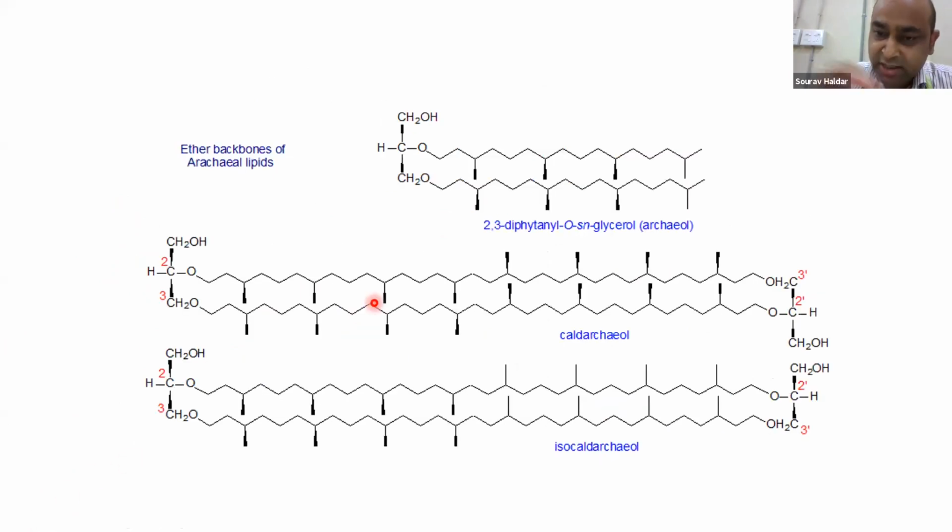And this is the structure of representative archaebacterial lipids. You might notice that the fatty acyl chains also look different. They are mostly saturated, and the lipids that we typically see in bacteria or higher eukaryotes do not have this kind of fatty acid composition, and also do not have these ether linkages as such.